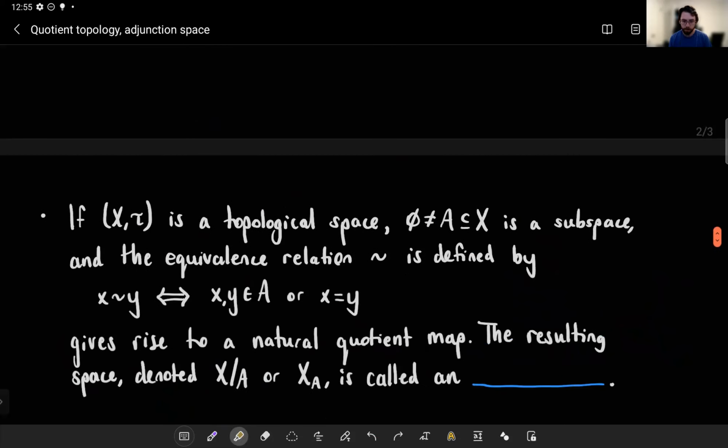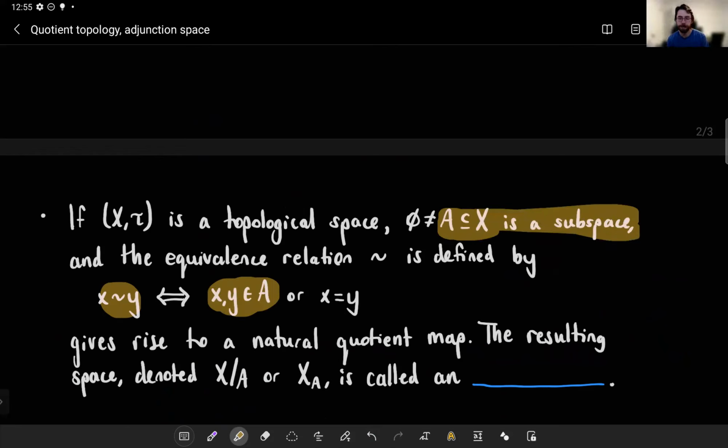Next question you might ask is, what if I had a particular equivalence relation that's fairly simple, and say my equivalence relation is defined as two points are equivalent if they're in the same subspace of my topological space. Okay, so I have a topological space X, I have a subspace A, and I'm identifying all the points in A to make them the same point.